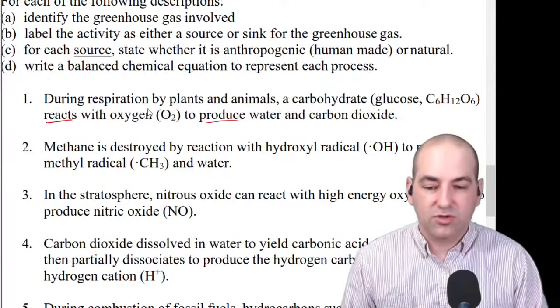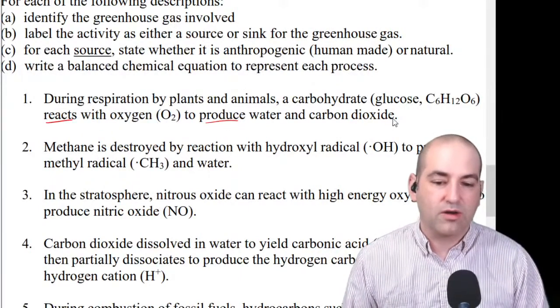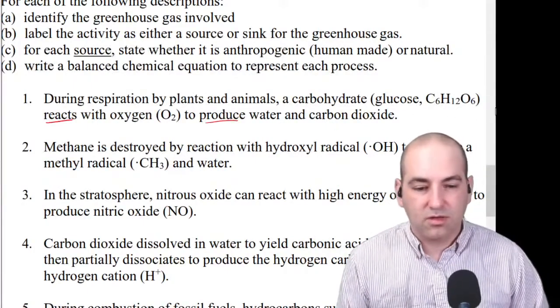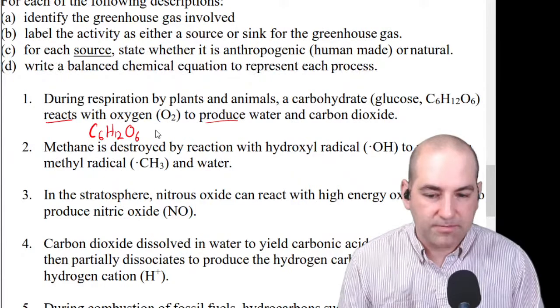So in this case, it's pretty straightforward. We've got a carbohydrate reacting with oxygen to produce water and carbon dioxide. So the glucose formula is given, so we can write that down here, C6H12O6.